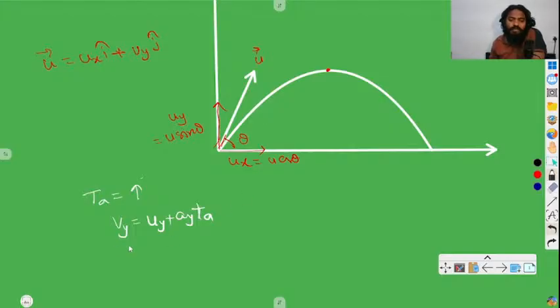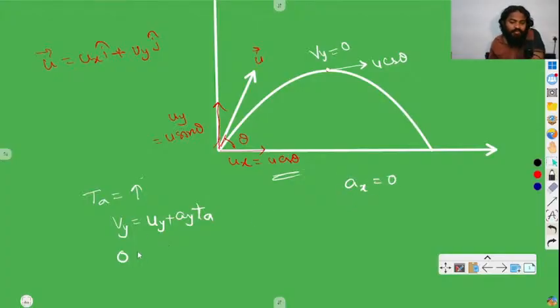Now Vy is equal to 0. I told you already, at the maximum height the vertical component of velocity is 0. What about the horizontal component? It is u cos theta only. Along the horizontal, the velocity is u cos theta only, it never changes, because along the x-axis the acceleration is 0.